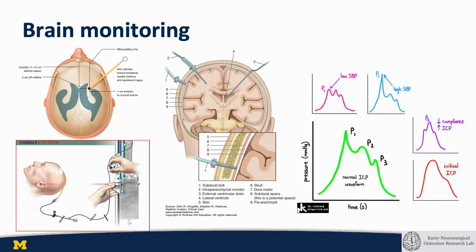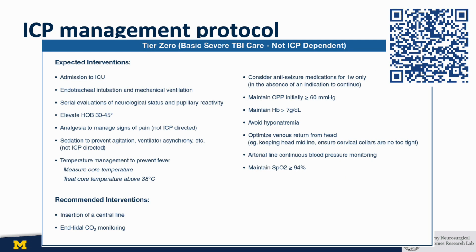So what do you do when you suspect high ICPs? This is the ICP management protocol, many of which have been published. This is one example, and we've developed one for our site, which can be found with that QR code. Generally, with an ICP management protocol, the first tier, or tier 0, is something that you would do for every patient walking in.